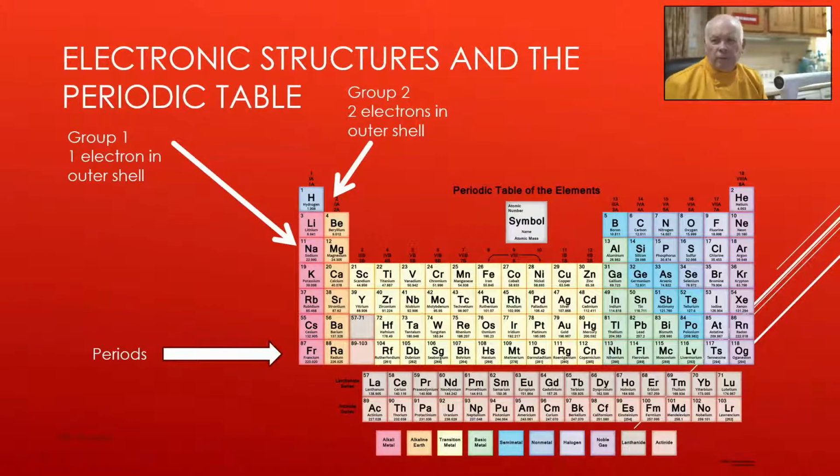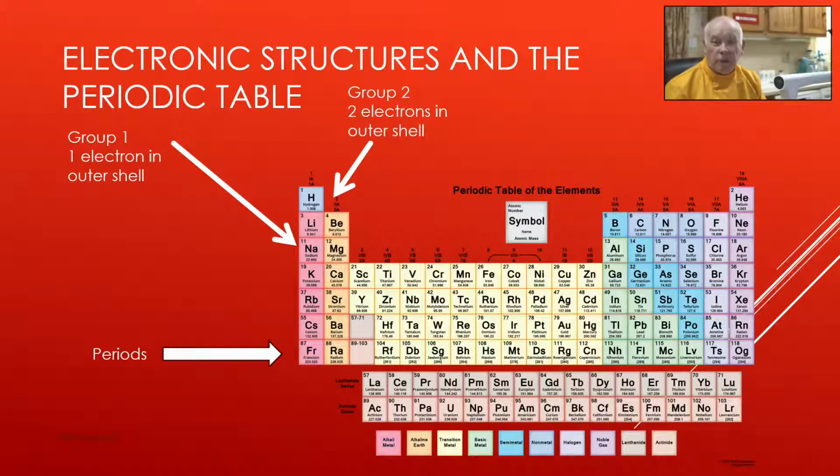Now, if we want to look at our periodic table, we look at this in a special way. We've got items going down. These are called groups. And all the elements in these groups share, as we're going to see in a few moments, similar properties. So the group ones share very similar properties.